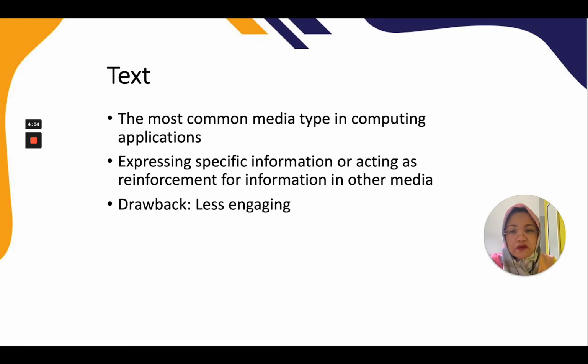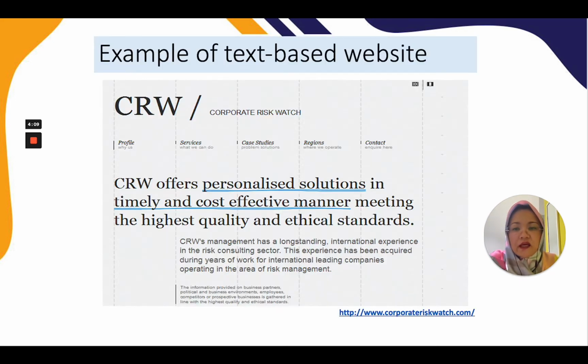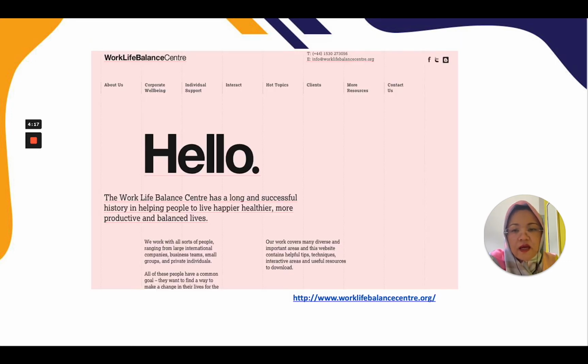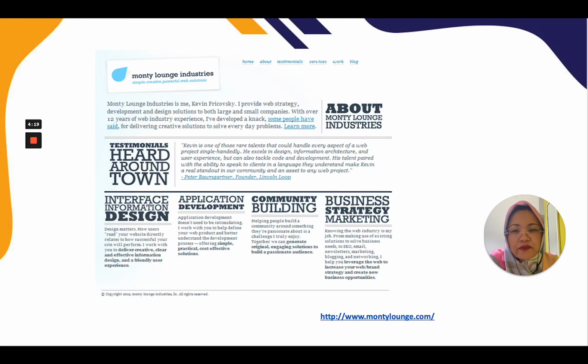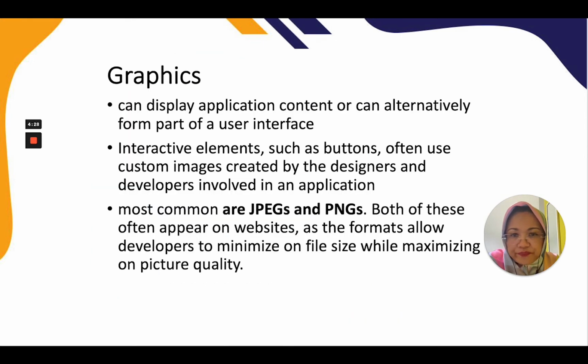So it's important to not just include text when you are communicating, but these are some examples of text-based websites. As you can see, they use a lot of text. These are just some of the examples. But it can be kind of hard to read.